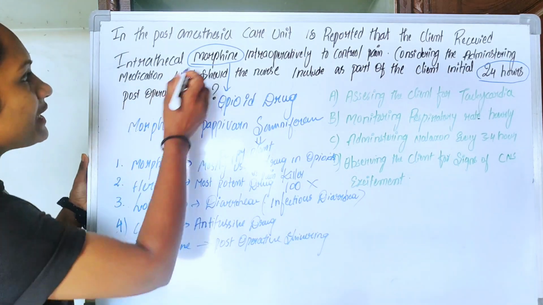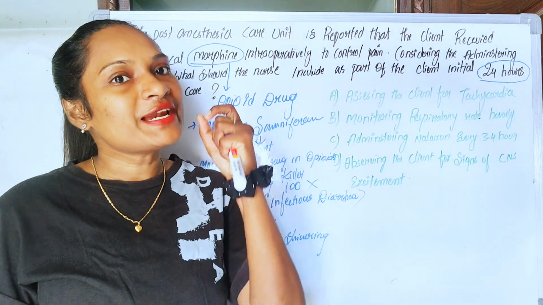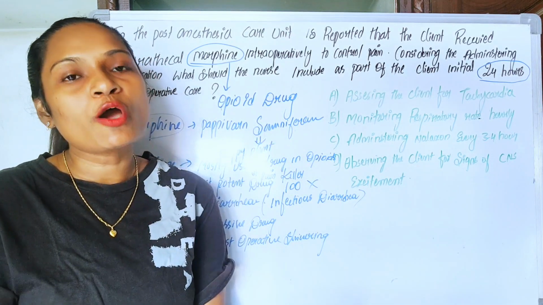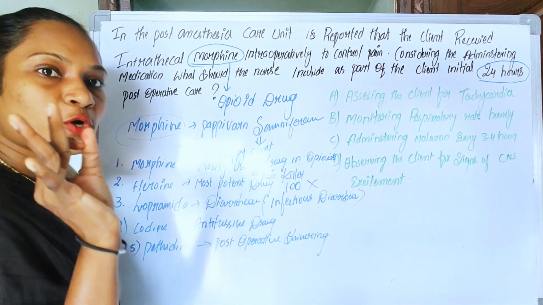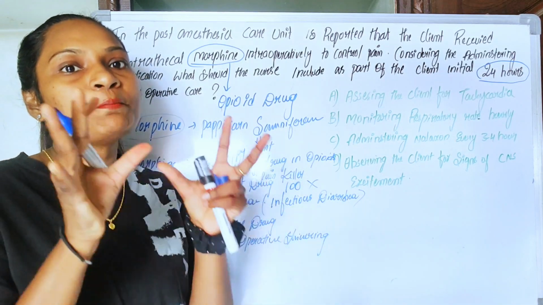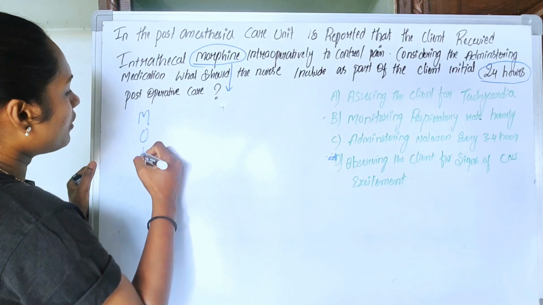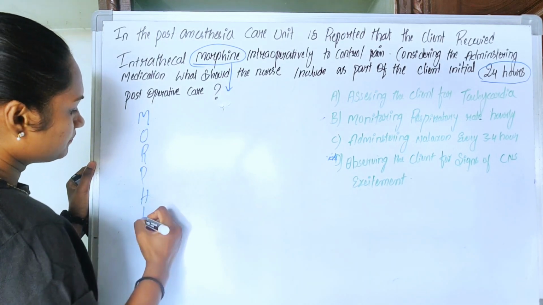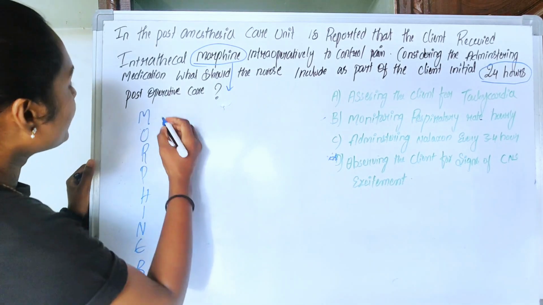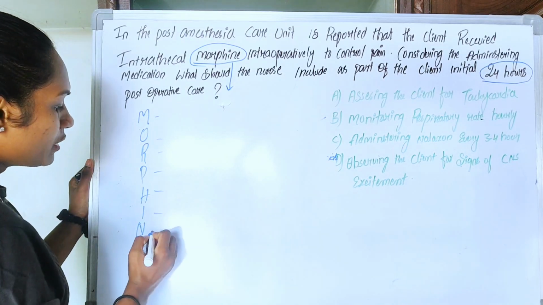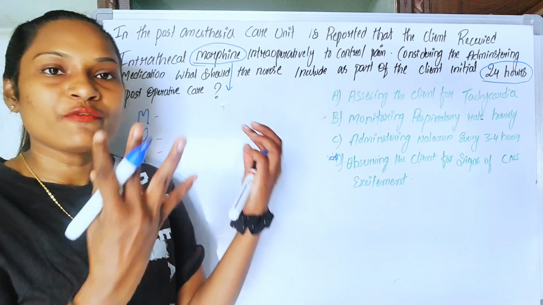So here they have mentioned morphine. How will we remember the function and side effects of morphine? I will explain. One mnemonic is there, that is morphine BSC. These are the abbreviations for morphine, a mnemonic to remember the functions and effects of morphine.